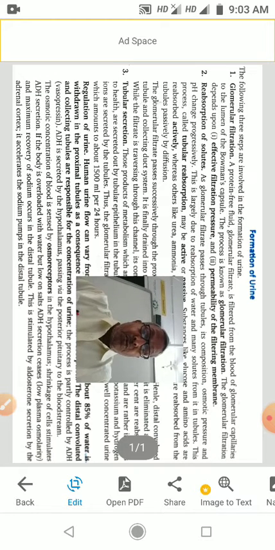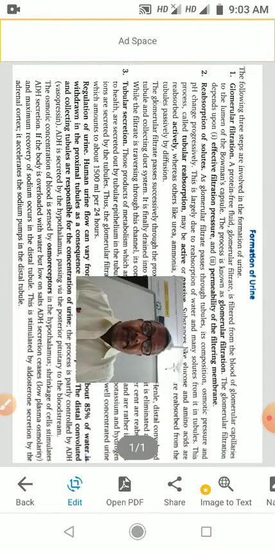The glomerular filtration is under the influence of extraordinary force. So the driving force for the ultrafiltration is the difference between the glomerular blood pressure and the sum of osmotic pressure of plasma protein.